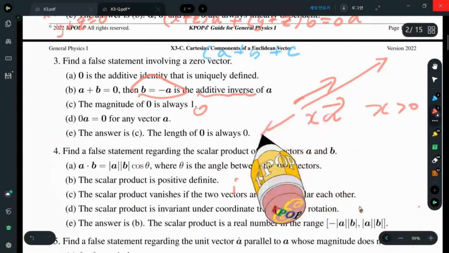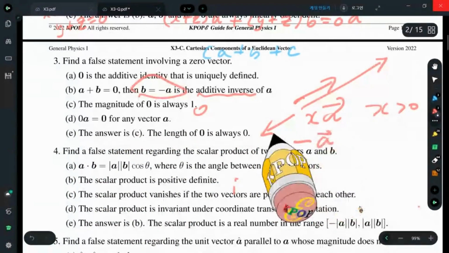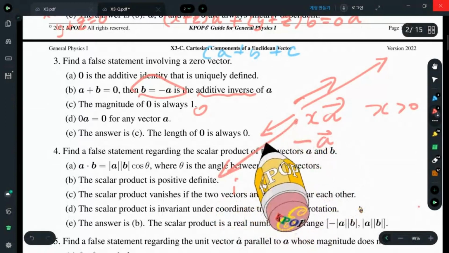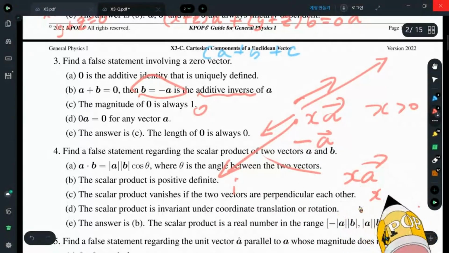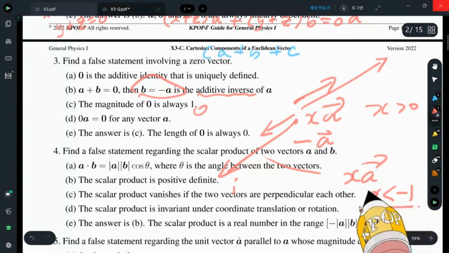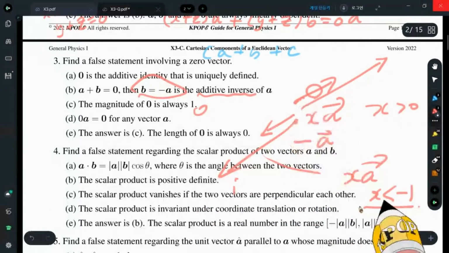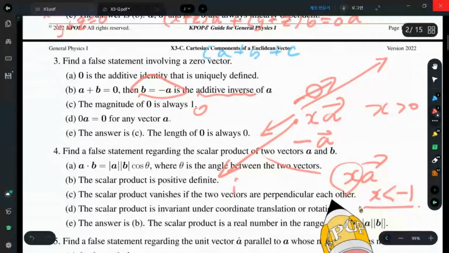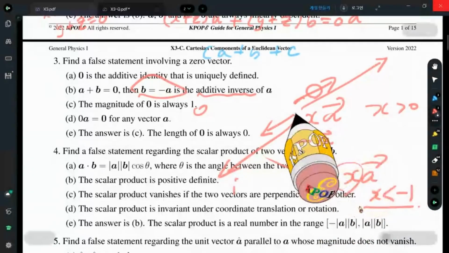I can flip the direction by multiplying by minus 1, and change the length and the direction. So for xA, when x is less than minus 1, the length becomes longer than the original one, and the direction is opposite. The sign of this x multiplied to the original vector determines the direction. If I multiply by 0, then it becomes a point.